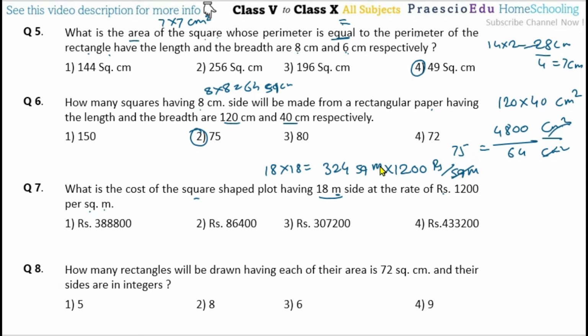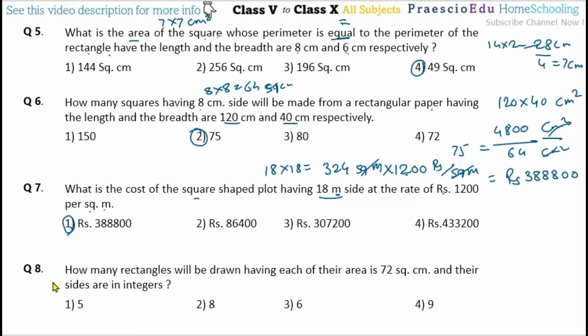So square meter and square meter get cancelled, so rupees will be there. After this multiplication you will get 388800. So this is given in option number 1.